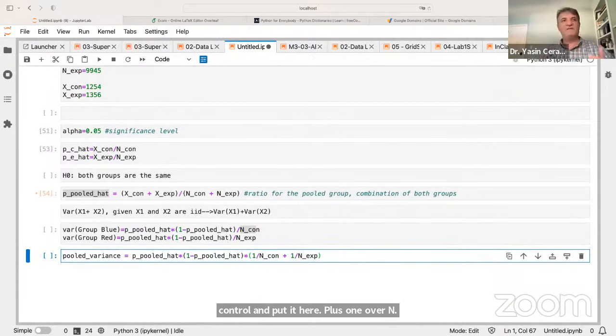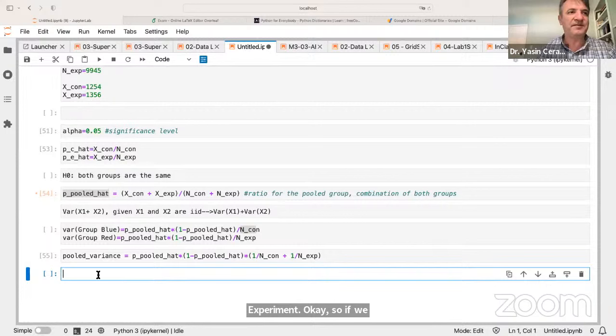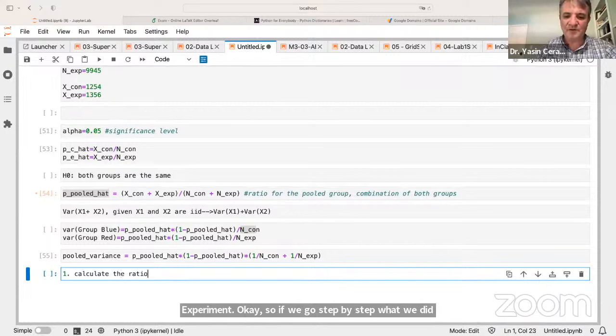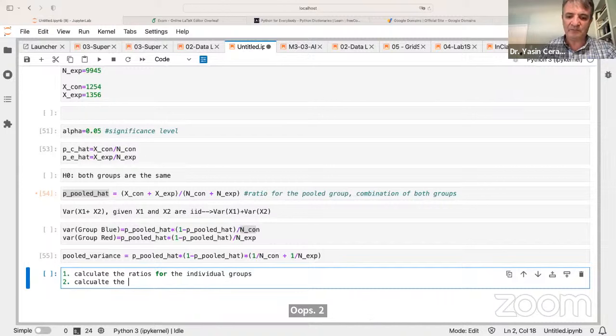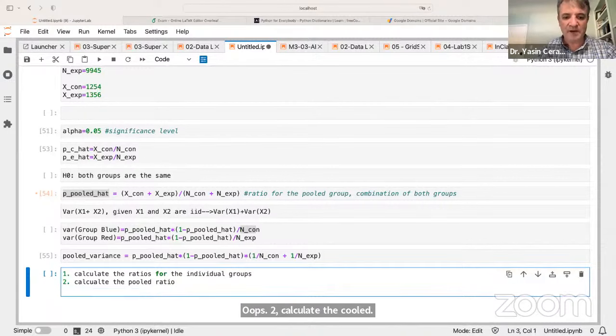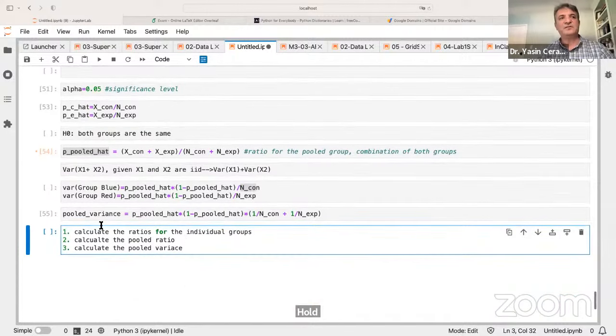So if we go step by step, what we did is, first, we calculate the ratios for the individual groups. Two, calculate the pooled ratio. Three, calculate the pooled variance. That's what we did. We are right here.